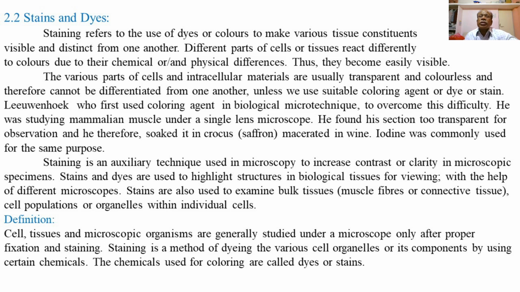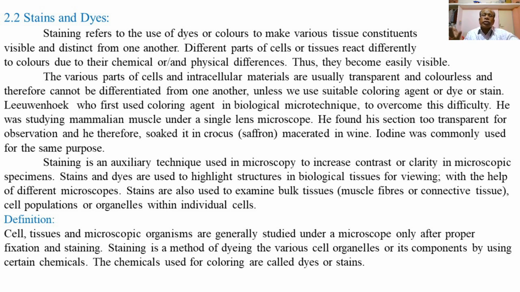Leeuwenhoek first used a coloring agent in a biological microtechnique to overcome this difficulty. He was studying mammalian muscles under a single lens microscope, and he found his section too transparent or colorless for observation.